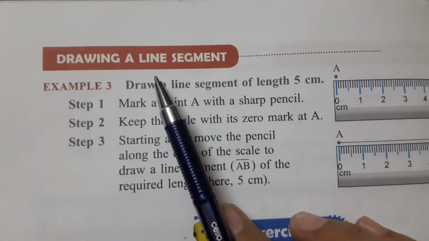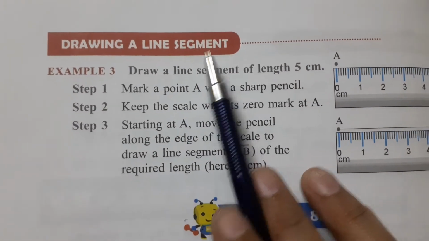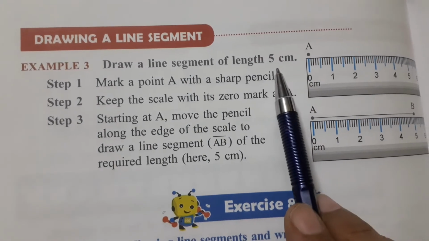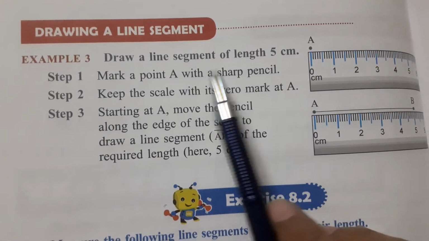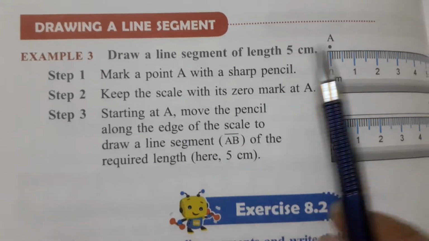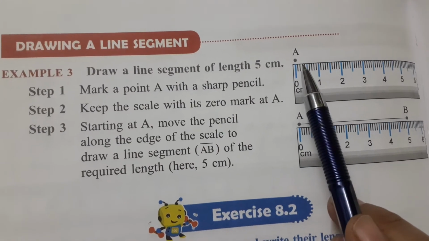The second thing which we are going to do today is drawing a line segment. Now, how to draw a line segment? Suppose you are asked to draw a line segment of length 5 centimeter. Mark a point A with a sharp pencil.